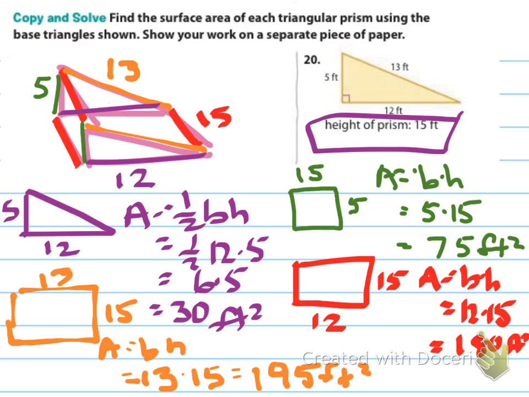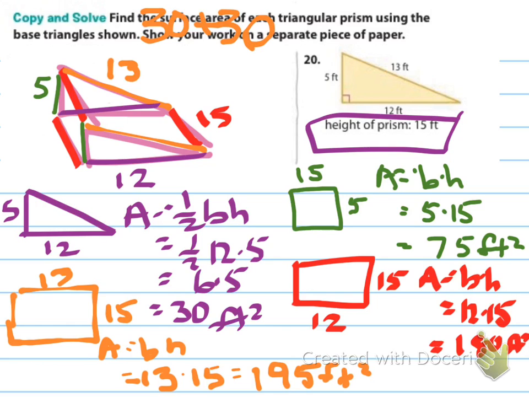Now to find the surface area of the entire figure, I'm going to do 75 plus 75 plus 30. Oh, sorry. 30 plus 30, because my triangle is 30. So let me write this out. 30 plus 30, because those are my bases.